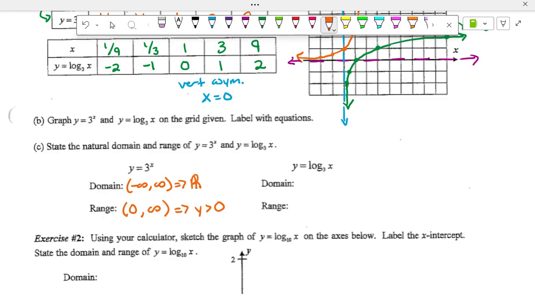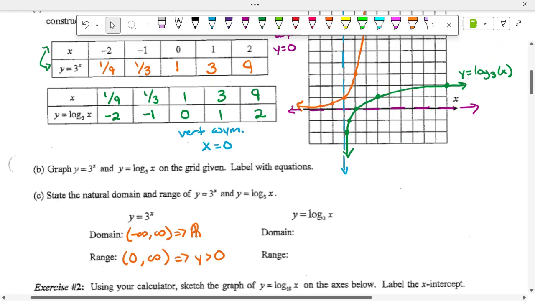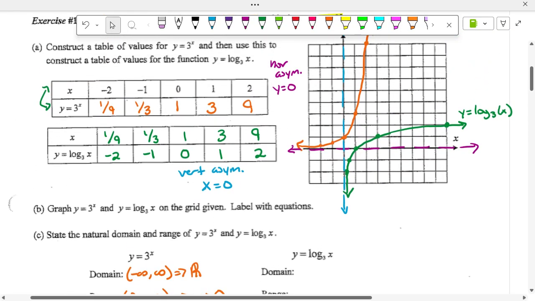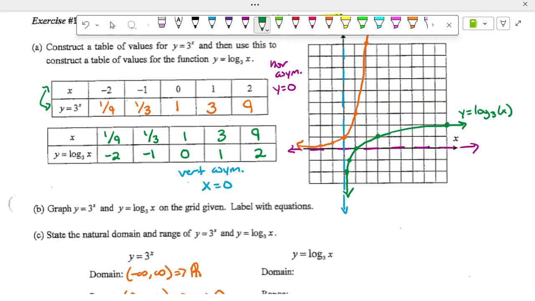Now, what about the green graph? What's the domain of the green graph? 0 to infinity. Because our leftmost x value, we're going from left to right, our graph doesn't even start until x equals 0.